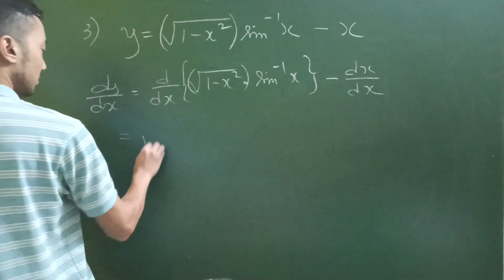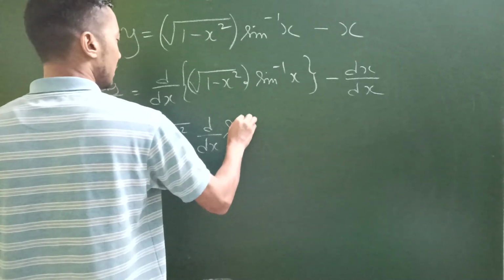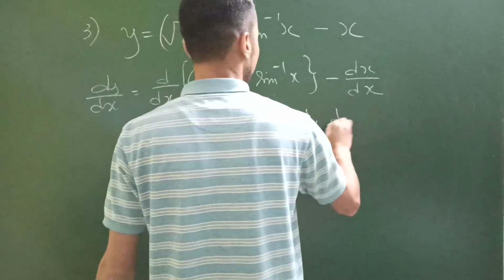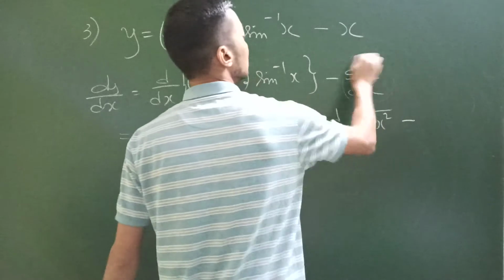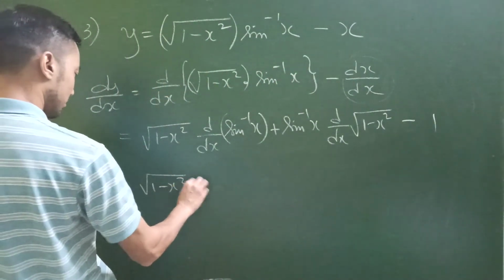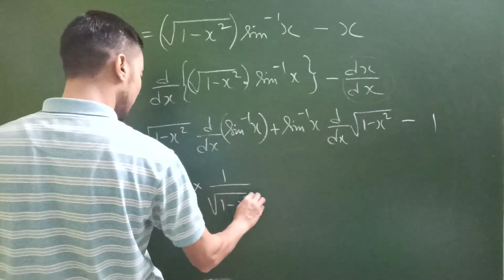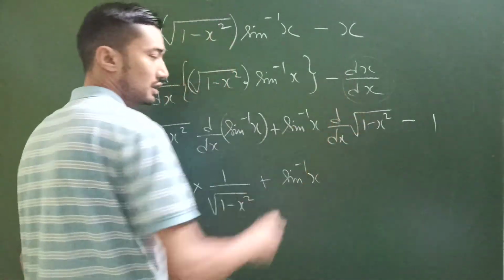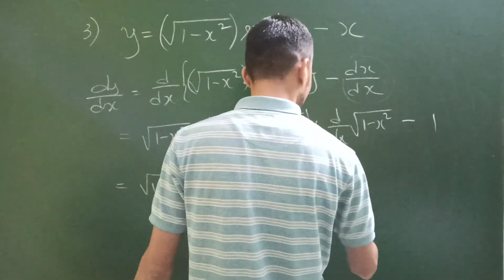So now applying the product rule, that is root over of 1 minus x square, derivative of sine inverse x, plus sine inverse x, derivative of root over of 1 minus x square, minus this value 1. So root over of 1 minus x square into, what is the derivative of sine inverse x? The formula is 1 by root over of 1 minus x square, plus sine inverse x, what is the derivative of root x? 1 by 2 root x.